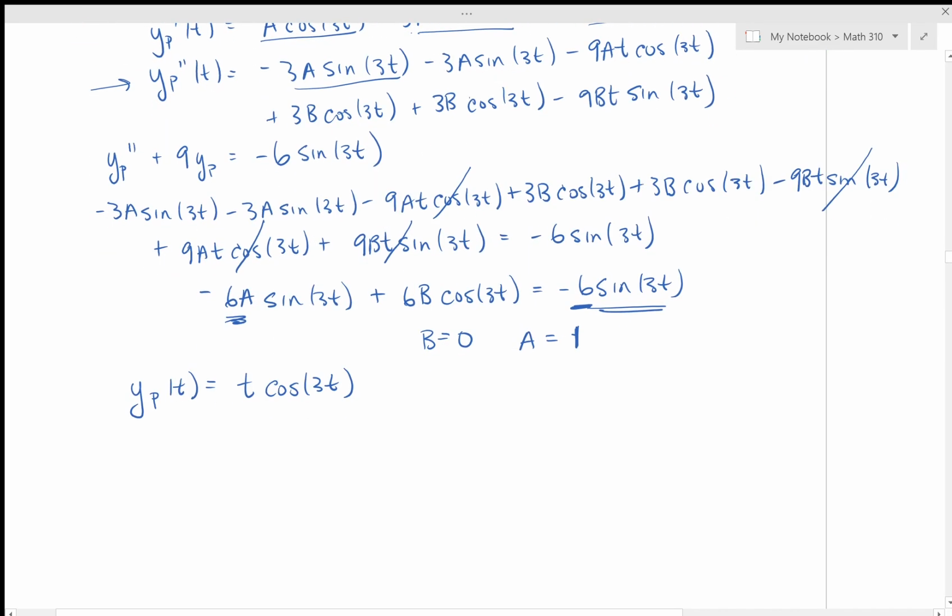Now that I've got the solution to the homogeneous part of the equation and a particular solution, I can combine those for the general solution.